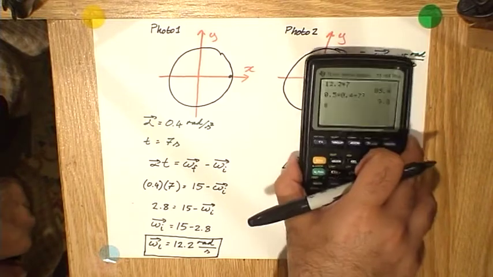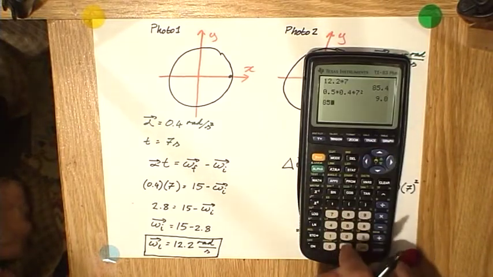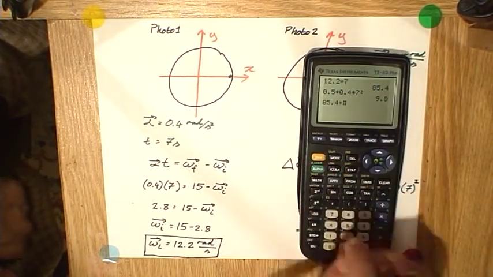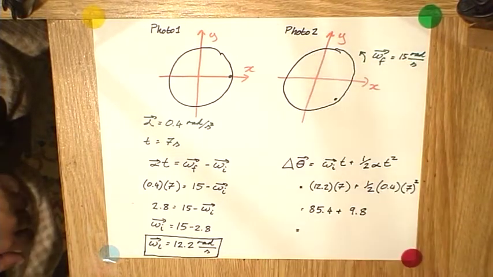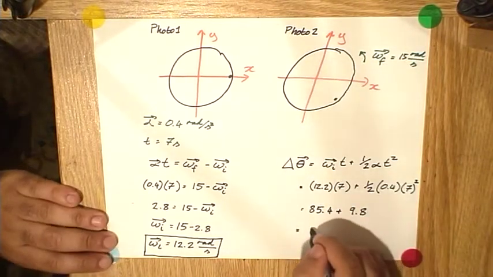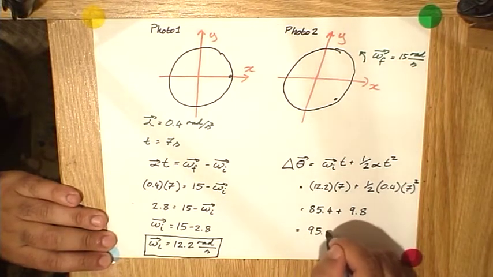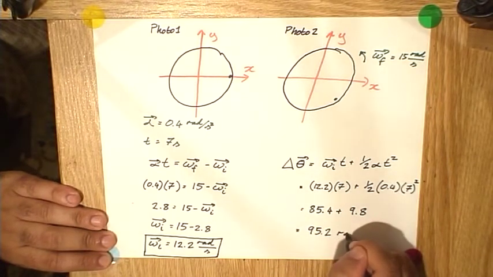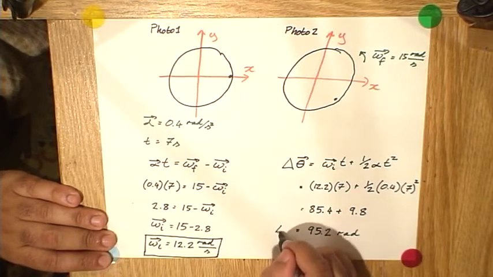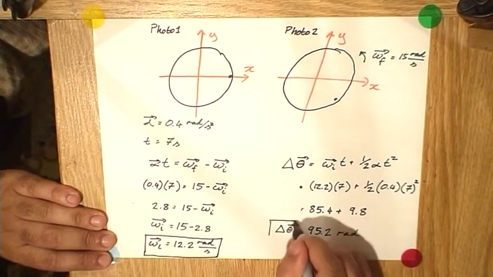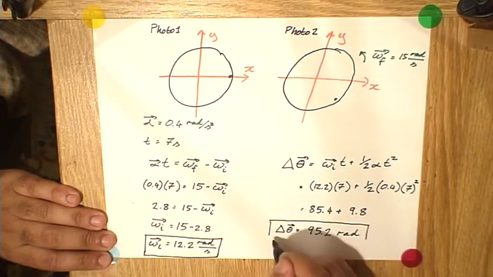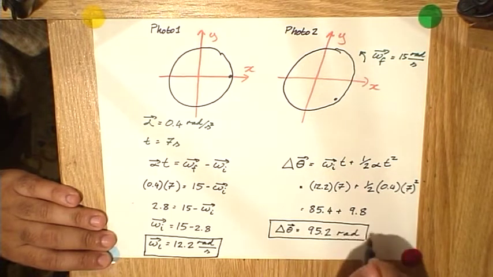So 85.4 plus 9.8 gives us 95.2. So this is the angular displacement of that marker that I have.